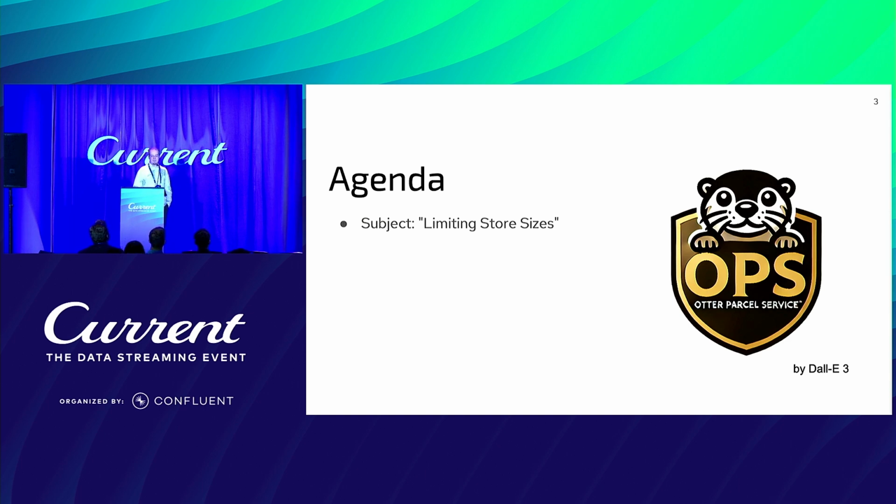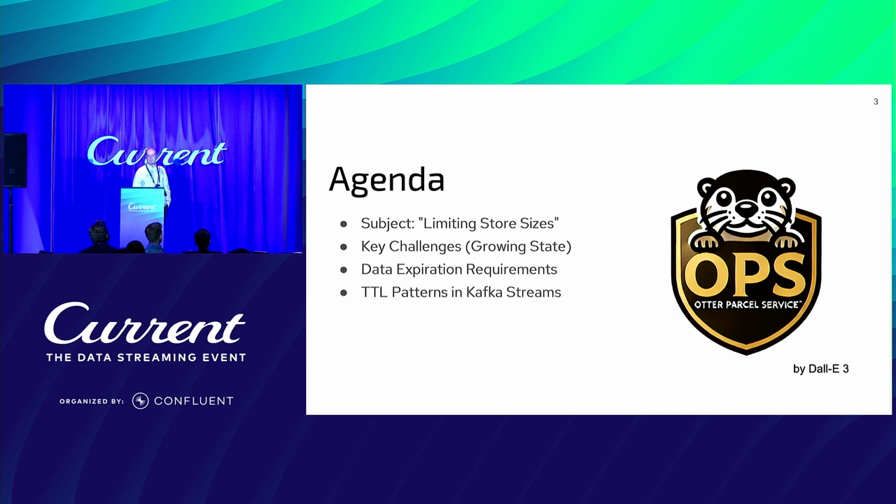So as for today's agenda, we will deep dive a bit further into the actual subject, what this is about, limiting store sizes, and what the actual use case is. I will address key challenges of growing state and why we would want to avoid that if there's no need for the actual data. And then go further into what the actual requirements for data expiration are.